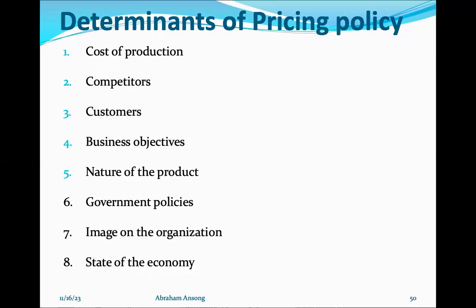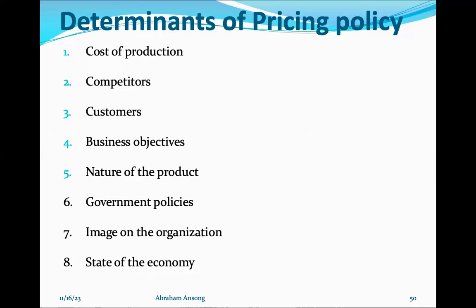All right. So for some companies, they have developed themselves so much that they can't price themselves low. No. If they do that, they will actually be damaging the image or the reputation they have built for that particular organization. So the reputation can actually influence the pricing policy of a company.